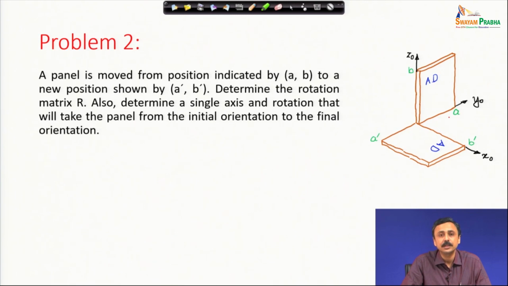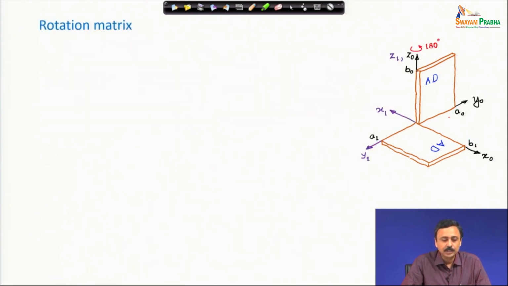Now, for the rotation matrix, let us first try to figure out what it is. I am finding one path, and you can find various other paths.